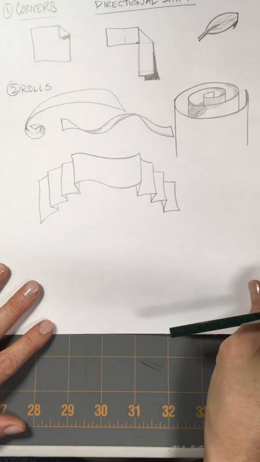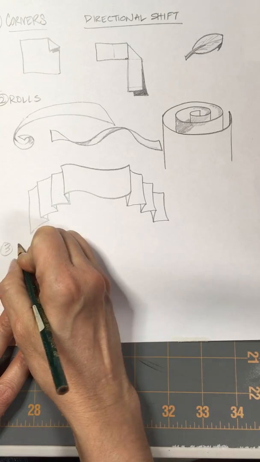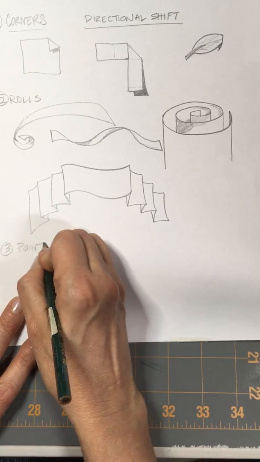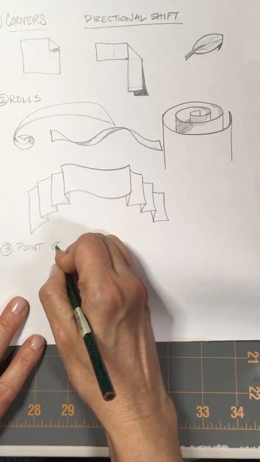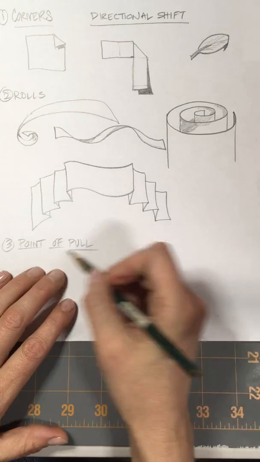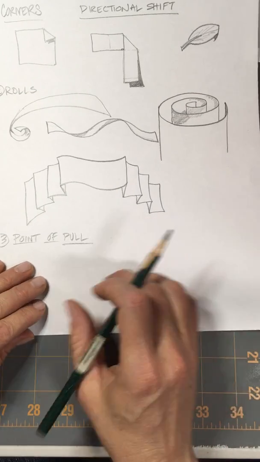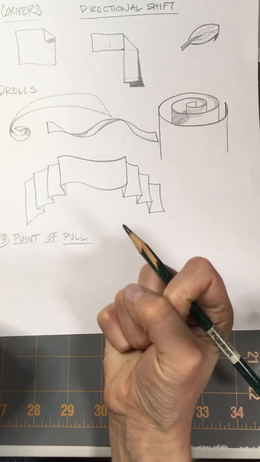Now let's talk about point of pulls. These are my labels, by the way, the way I think of things as I draw. I have to remember when I'm drawing any kind of fabric, if it's attached to something, there's going to be a point at which it gets pulled.